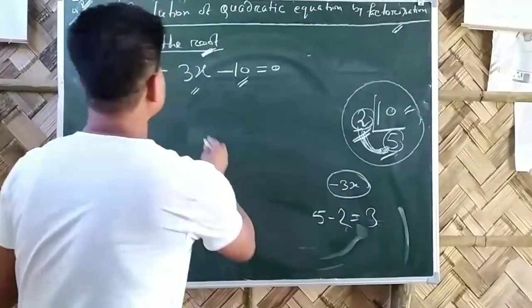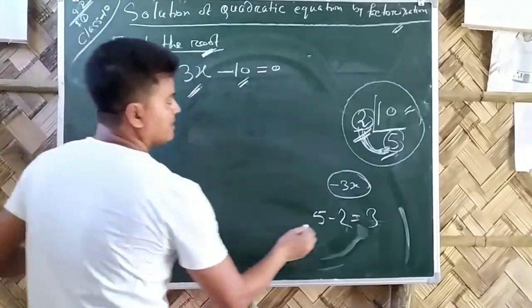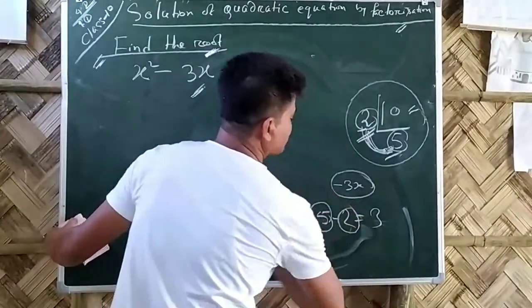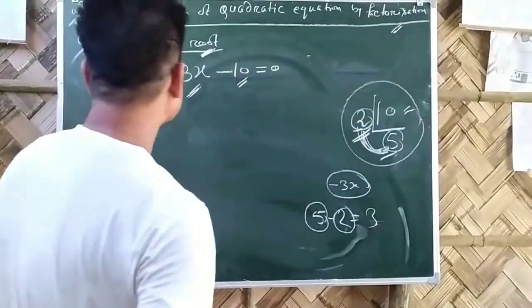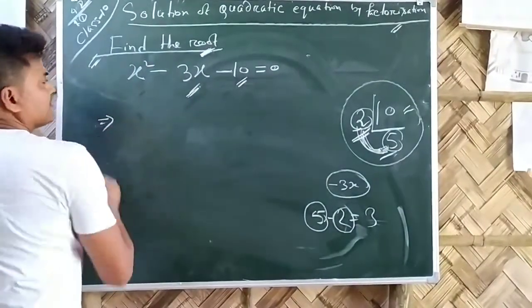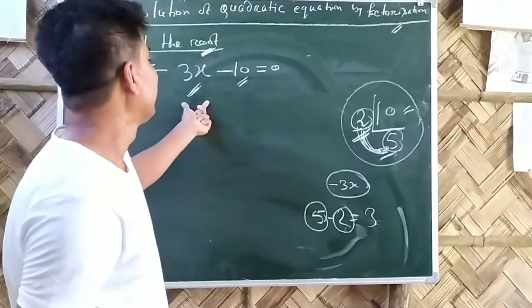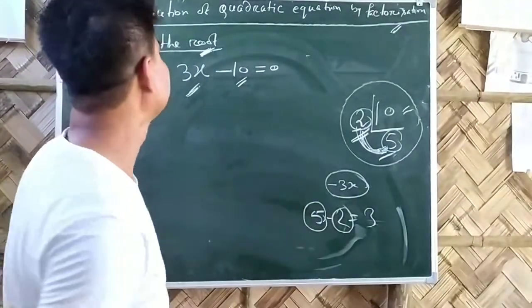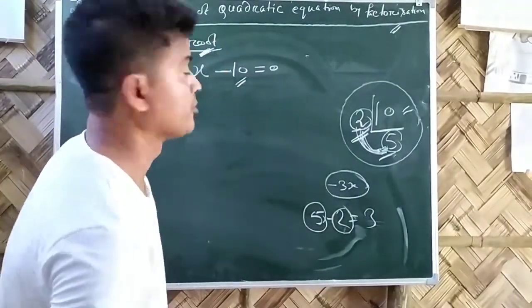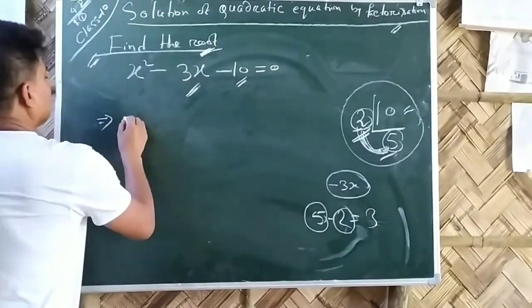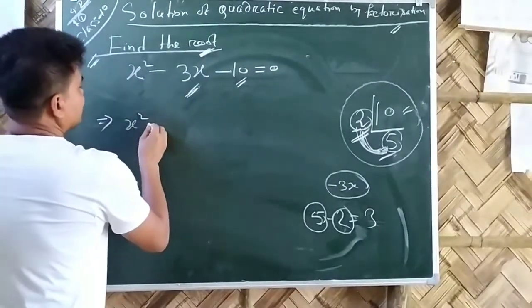So we can split this term using 5 and 2, which are the factors of 10. Just a simple method: we need to split the middle term, that is the bx term, and then we can easily get the root of the given equation. Now we are going to split the 5x term.